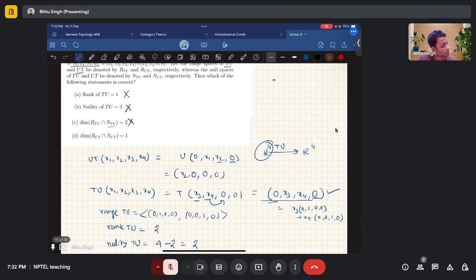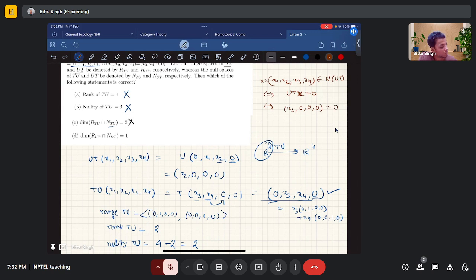Suppose x1, x2, x3, x4 belongs to N(U_T). This implies U_T applied on this x is 0, which is if and only if x2, 0, 0, 0 equals 0.